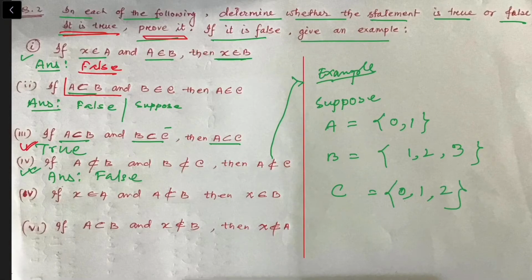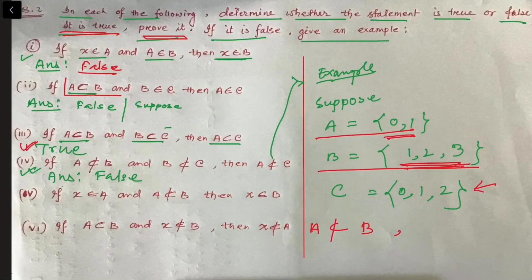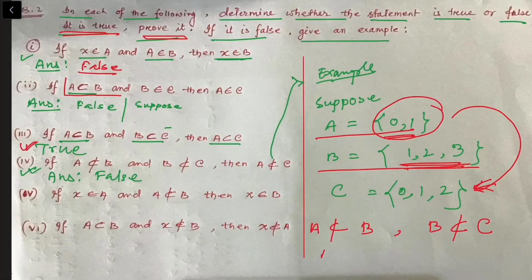So here A is not a subset of B, because all the elements in set A are not present in set B. And all the elements in set B are not in set C. So that's why B is also not a subset of C. But all the elements in set A belong to set C. That's why we can say that set A is a subset of set C. So that means this statement is false.